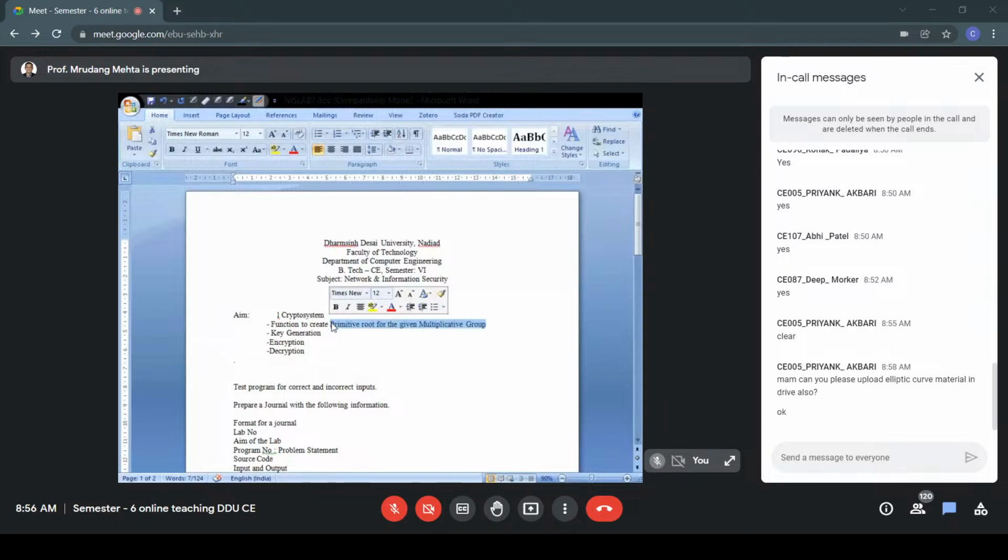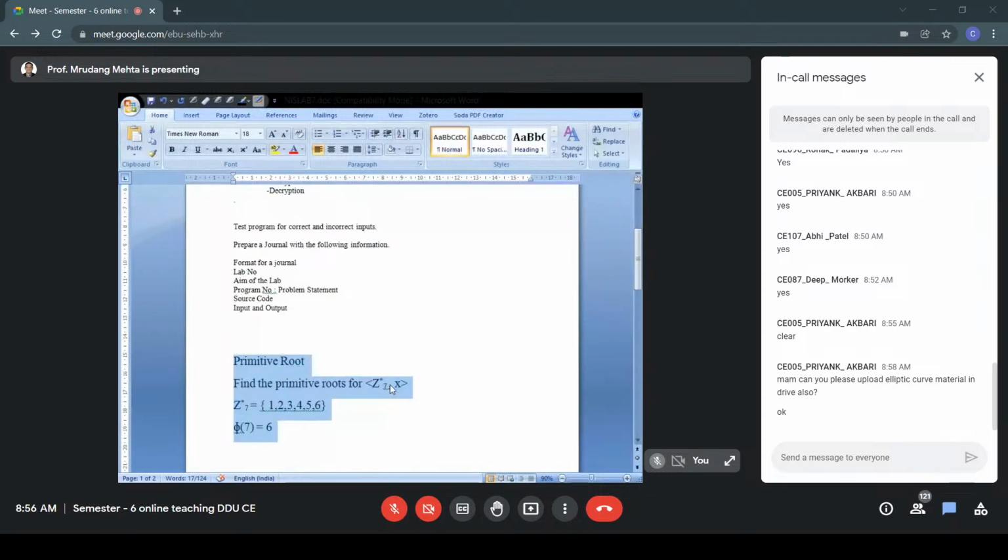Which are the elements in Z7 star? What is the meaning of Z7 star? Can you type in the chat box? What is the difference between Z7 and Z7 star? If you can recollect your first sessional discussion.